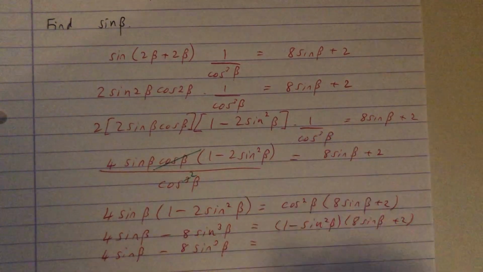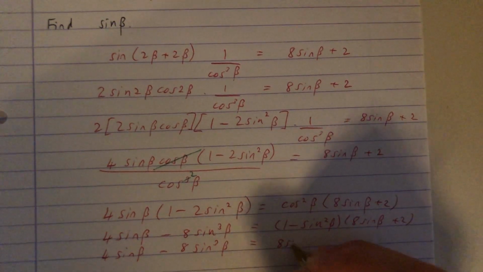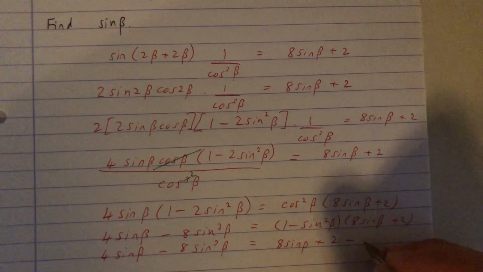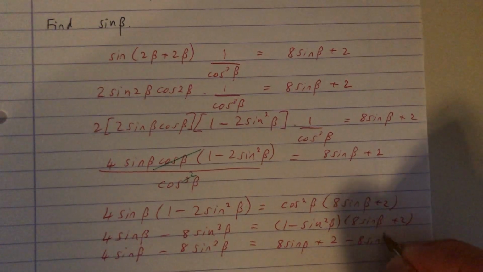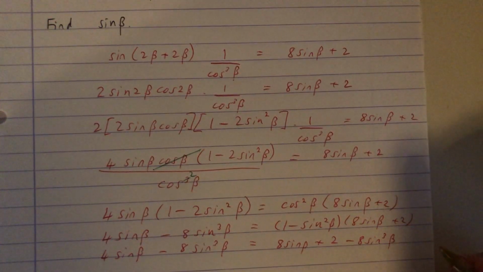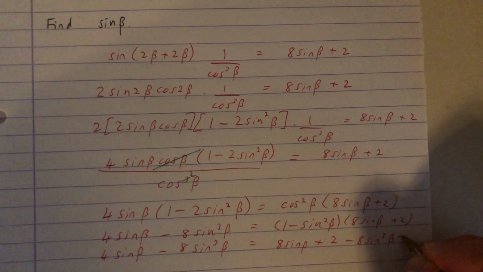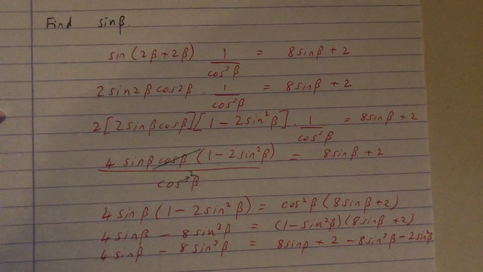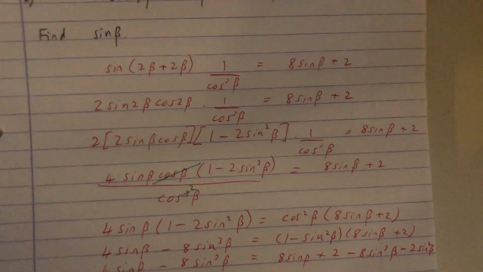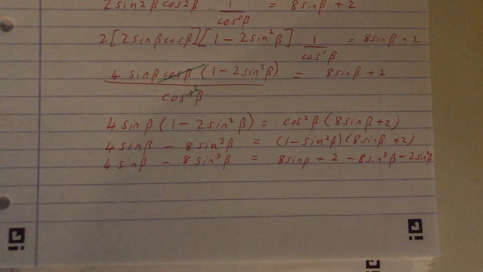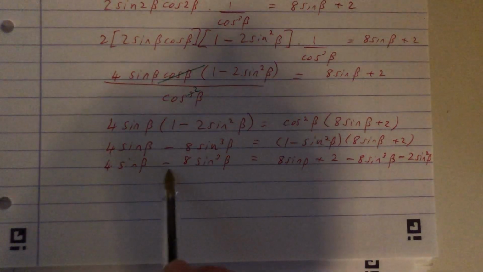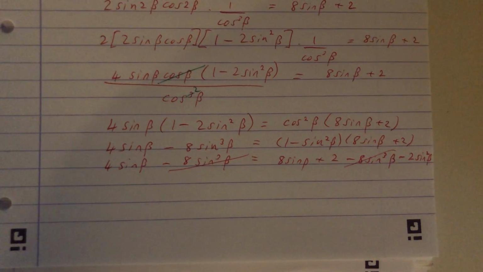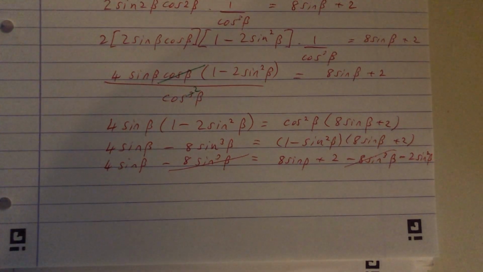Expand the brackets. 8 sine beta plus 2 minus 8 sine cubed beta minus 2 sine squared beta. One thing good happens, which is there's a sine cubed beta on both sides which disappear, but you are left with what looks like a hidden quadratic.